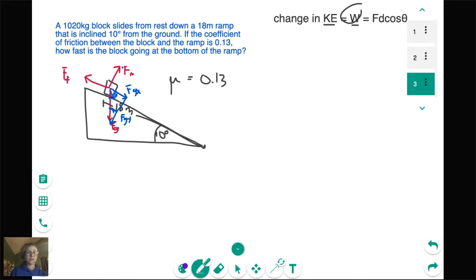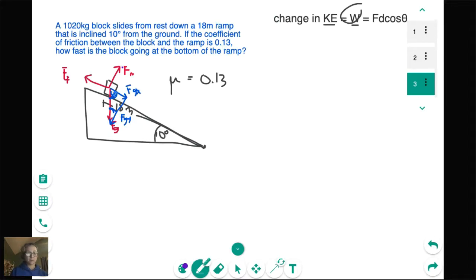And if this block was moving at constant velocity all the way down, meaning that the kinetic energy was not changing, then we could say that the work done by FGX is equal to the work done by FF, and there would be no net work done, meaning the kinetic energy would not change. The block could slide right along with a constant velocity. But that's not the case here.